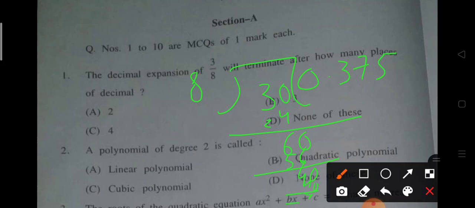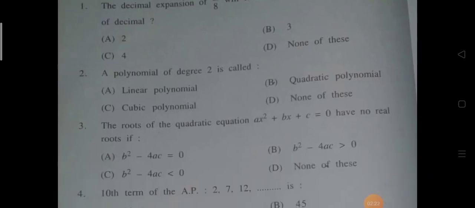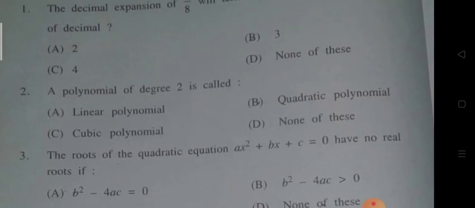So you can see clearly that it is getting terminated after how many decimal places? After 3 decimal places. So it is clear that the answer will be 3. Is that okay? Answer will be 3. Let's go across to the next question.